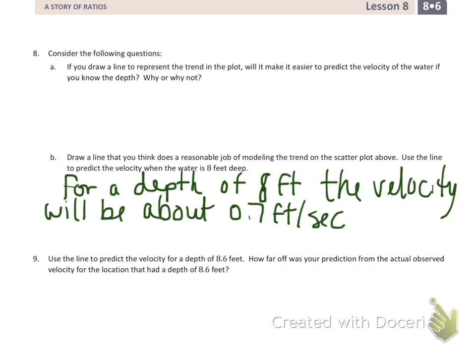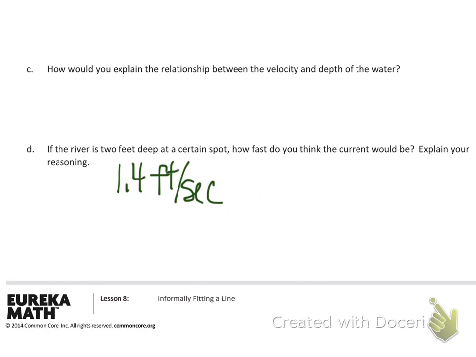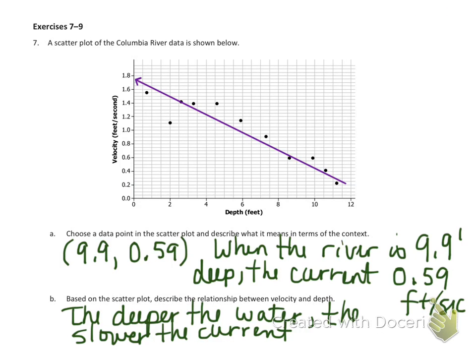How far off was your prediction from the actual observed velocity for the location that had a depth of 8.6 feet? So let's go back and find, so here is the data point for 8.6, and my line is pretty much right on that point, just a little bit above.